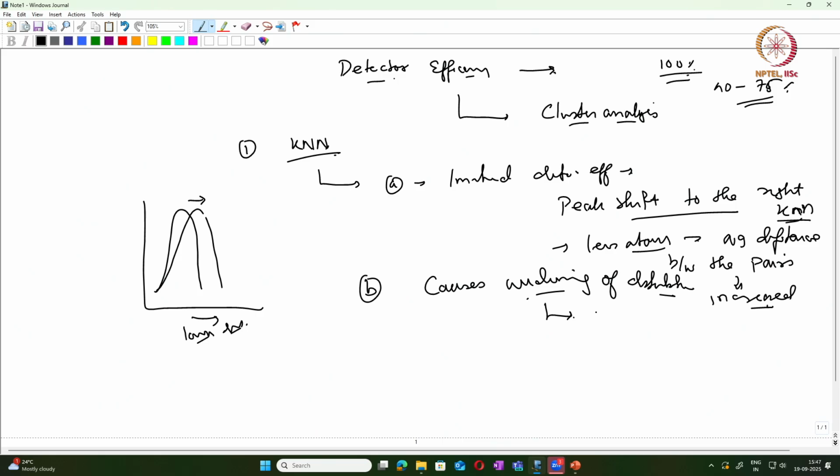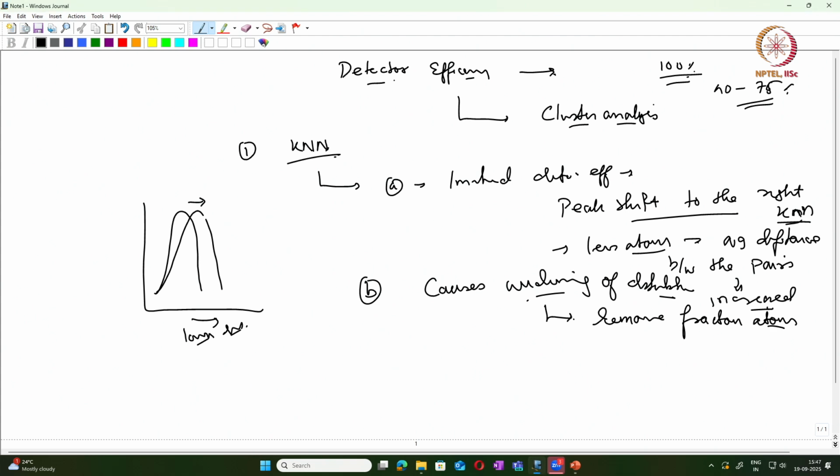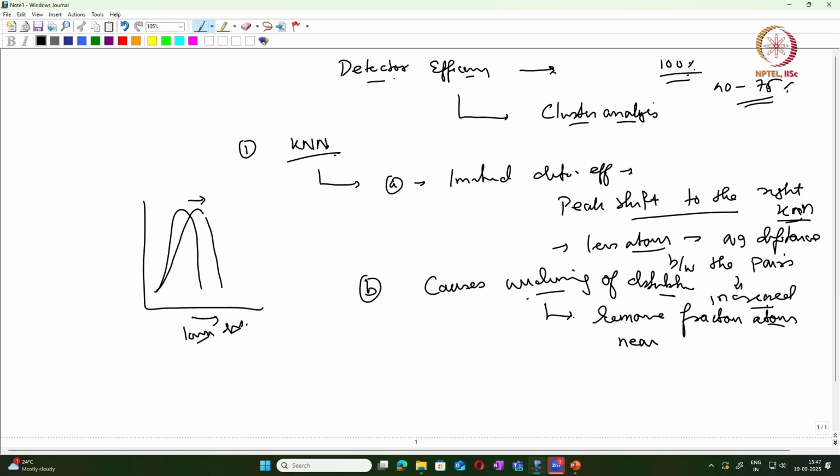Because the limited detection efficiency will remove a fraction of atoms which are in the nearest neighbor.